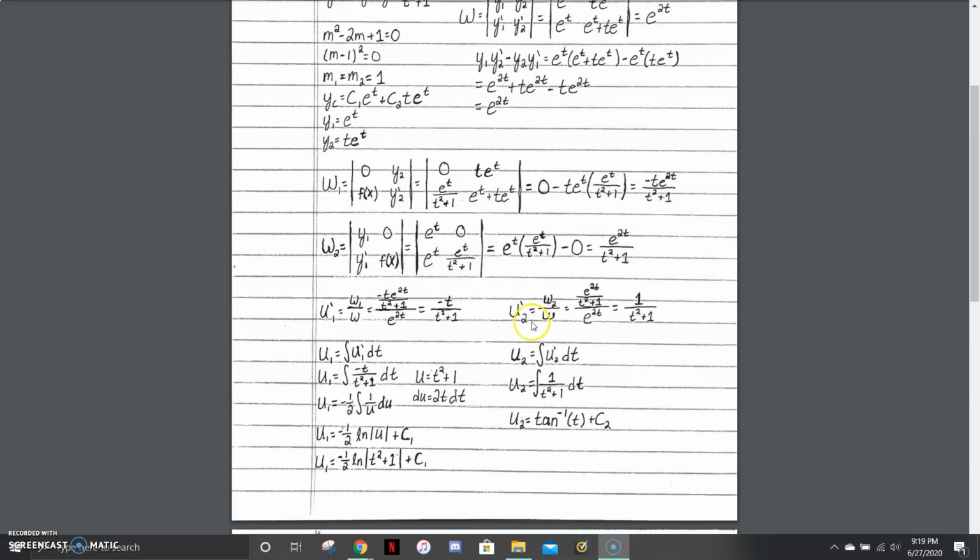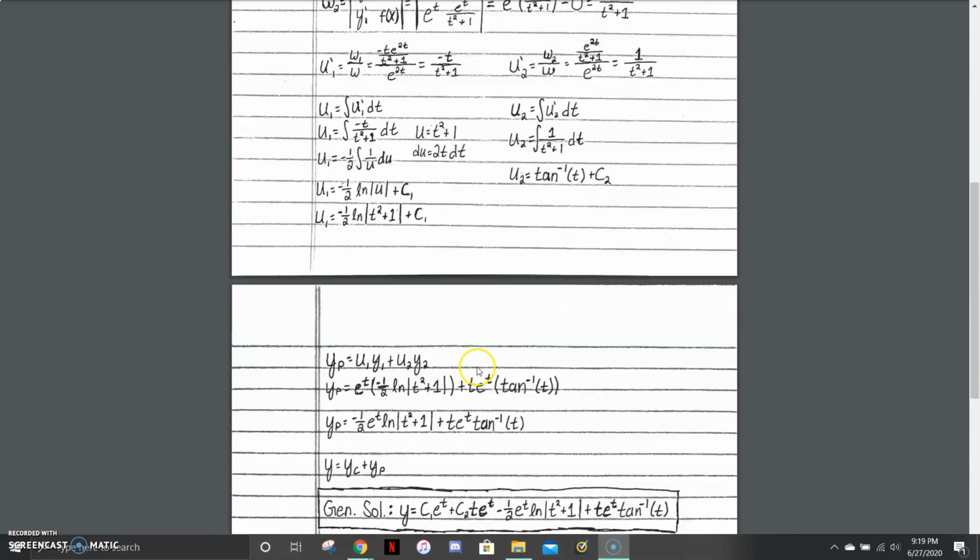And for u2, the integral of u2 prime dt, it is the integral of 1 over t squared plus 1 dt. So this is actually an integral with inverse trig. So the integral of 1 over t squared plus 1 is the arctangent of t plus c2.